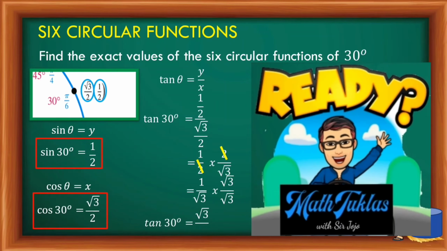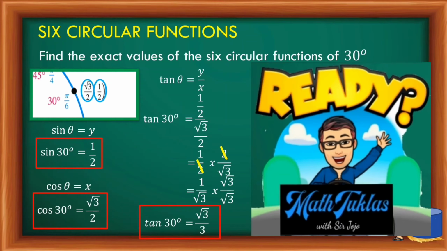So, reminders, ang ibig sabihin niyan, 1 times the square root of 3. Hindi na lang sinusulat yung 1. So, okay. So, over, ang square root of 3 times the square root of 3 ay square root ng 9. At kapag kinuha ang square root ng 9, ang sagot ay 3. Therefore, tangent 30 degrees is equal to the square root of 3 over 3.